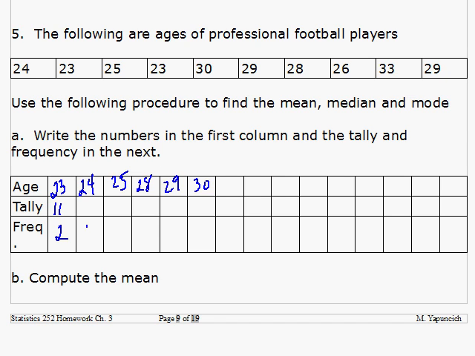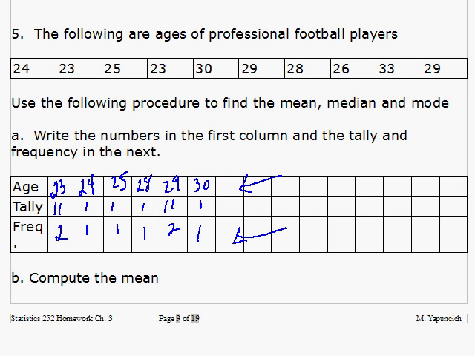The 24, there's only 1. 25, I think the only one that was, and 2 of these, and 1 for the 30. Okay, so here's your frequency down in this column, and here are the ages up here. Like I say, it's trivial in this case, but if you have more numbers, this works out too.